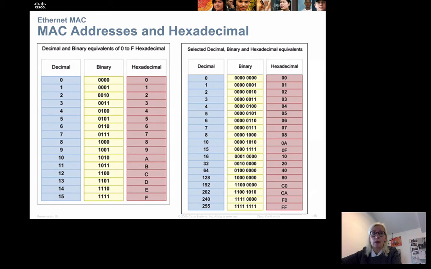And the thing with hexadecimal numbers is that it is a 16-based numbering system.